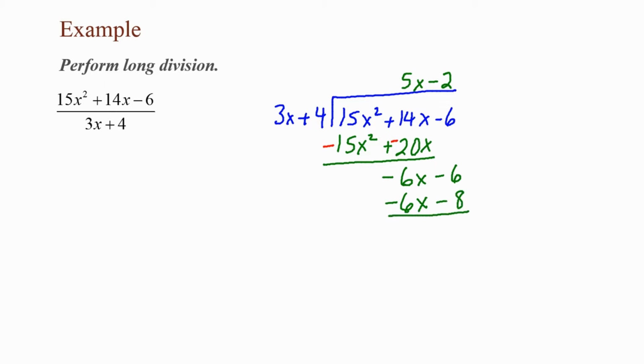Negative 6x minus a negative 6x is the same as negative 6x plus 6x, which is 0. Negative 6 minus negative 8, which is the same as negative 6 plus 8, gives us a remainder of 2. So my answer is 5x plus 2 plus my remainder of 2 over my divisor, which is 3x plus 4.